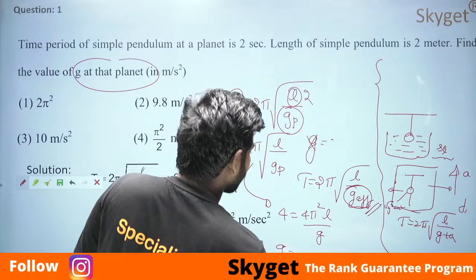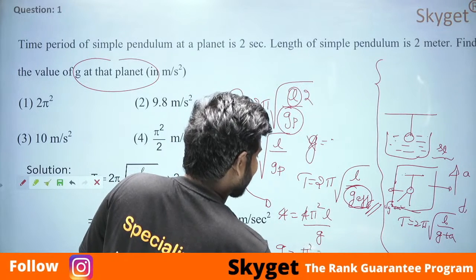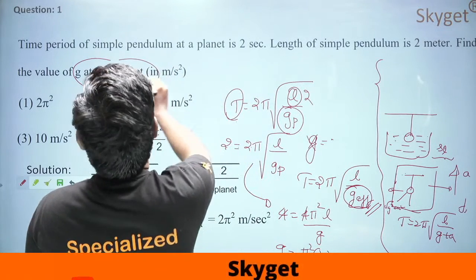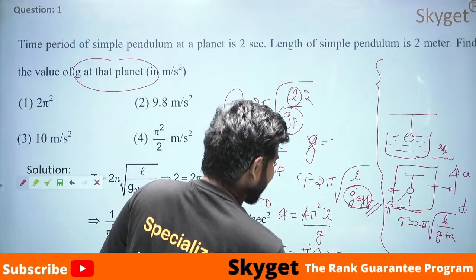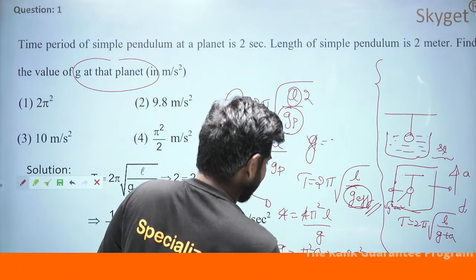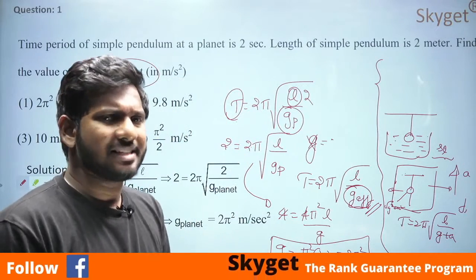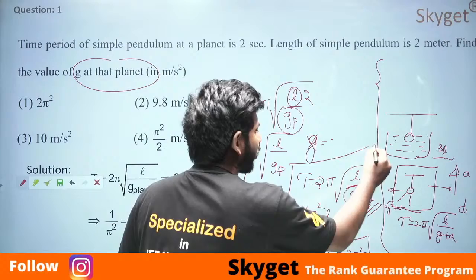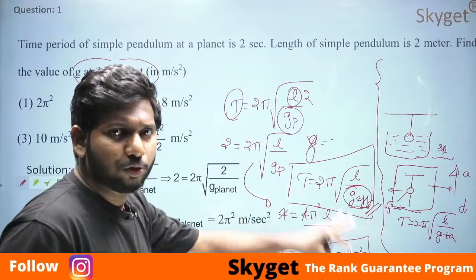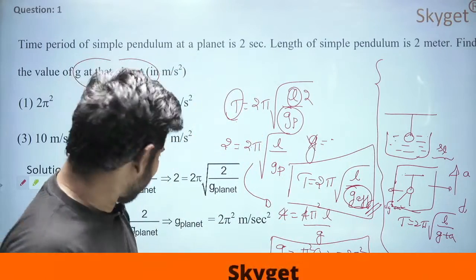So g is equal to pi square into L. L is 2 meters here, so the answer will be 2 pi square. This is an easy, formula-based question: if you know the formula 2 pi root over L by g effective, you can solve this question easily.